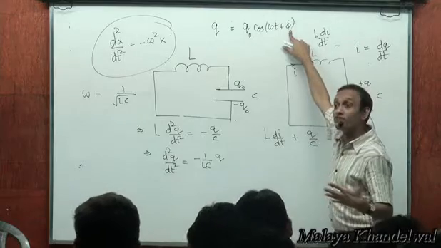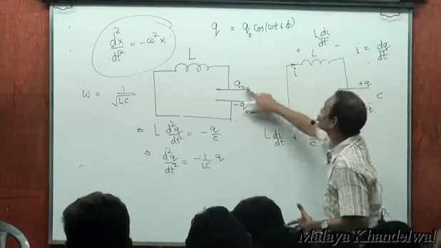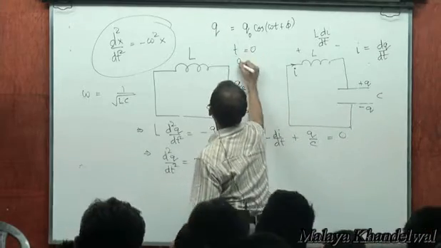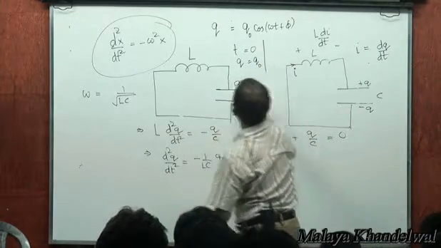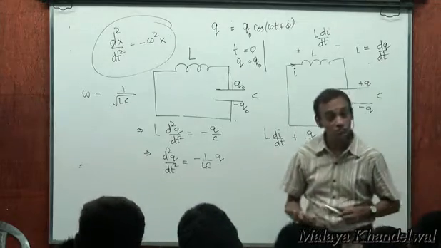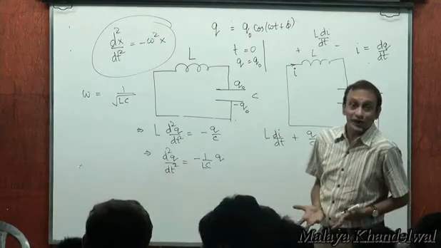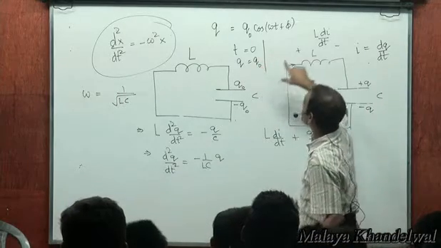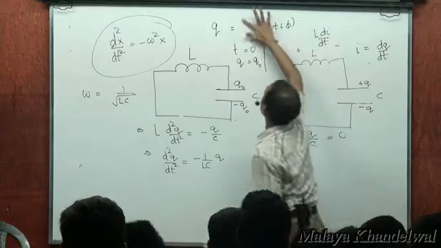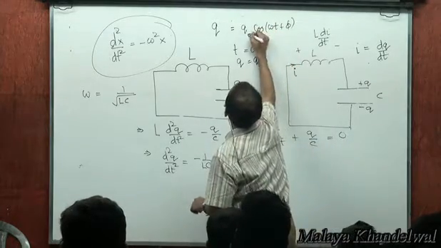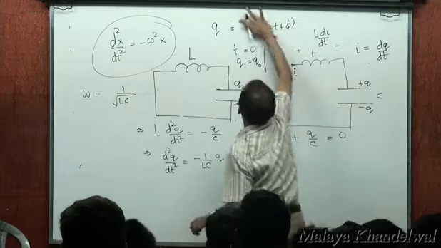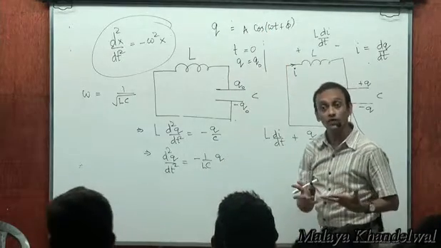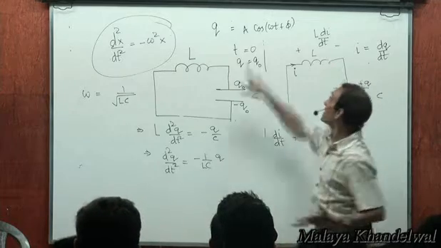Now this is the phase constant phi. At time t equal to 0, q was q naught, because we started with a pre-charged capacitor with charge q naught. And realize that could have been the maximum charge ever. Even if I didn't do this, saying A cos(omega t plus phi), I could have figured out that this A must be q.